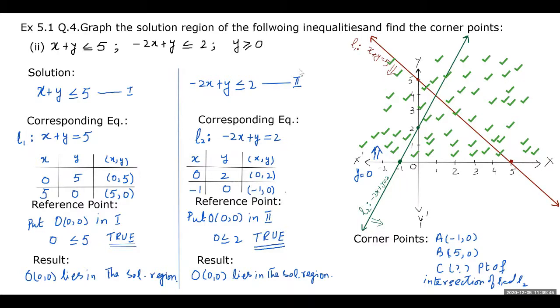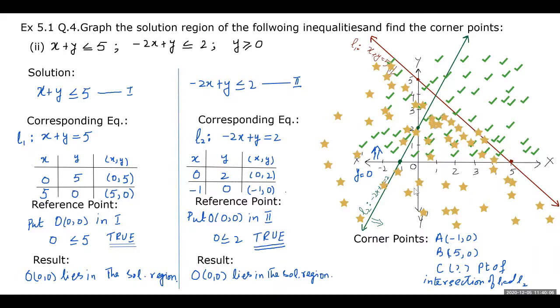Now let us shade the second one. X plus y is less than or equal to 5. So this is x plus y less than or equal to 5, and we have to shade below it. So this is all x plus y less than or equal to 5. And then we have to shade -2x plus y less than or equal to 2.